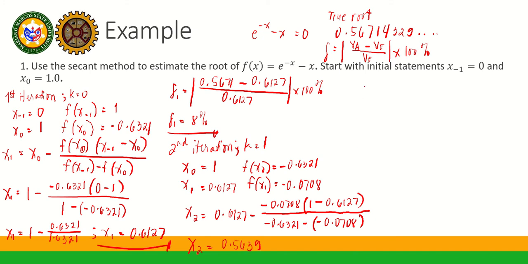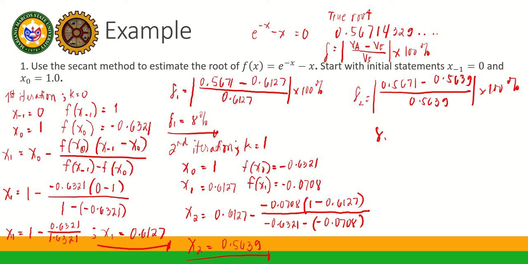Ayan. And we compute for our percent error. So, percent error 2 is equal to 0.5671 minus our x sub 2, which is 0.5639, all over 0.5639 times 100%.